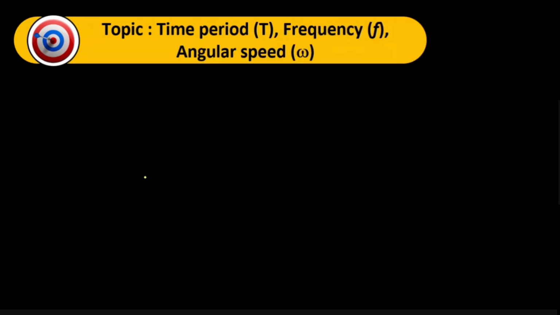We can also find out the time period of the charged particle, that is, how much time it will take. As we know, speed is distance over time, so time can be written as distance by speed.